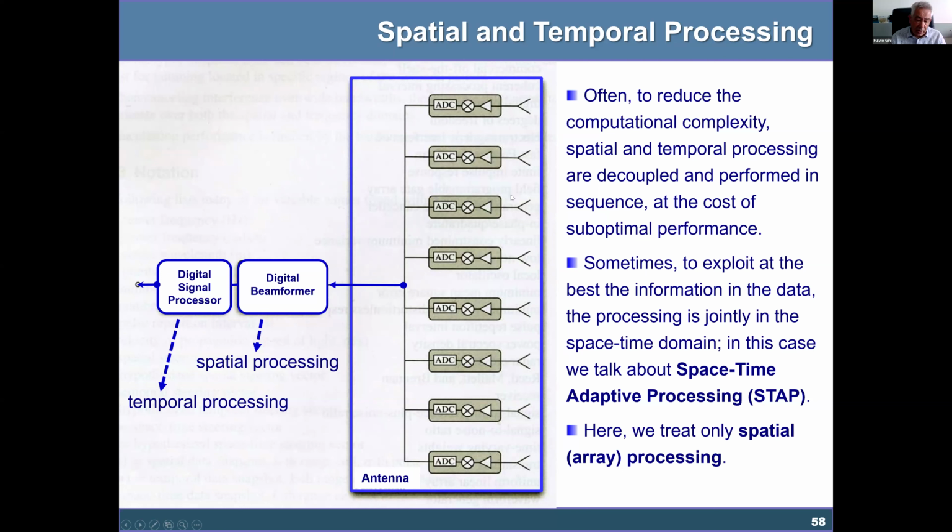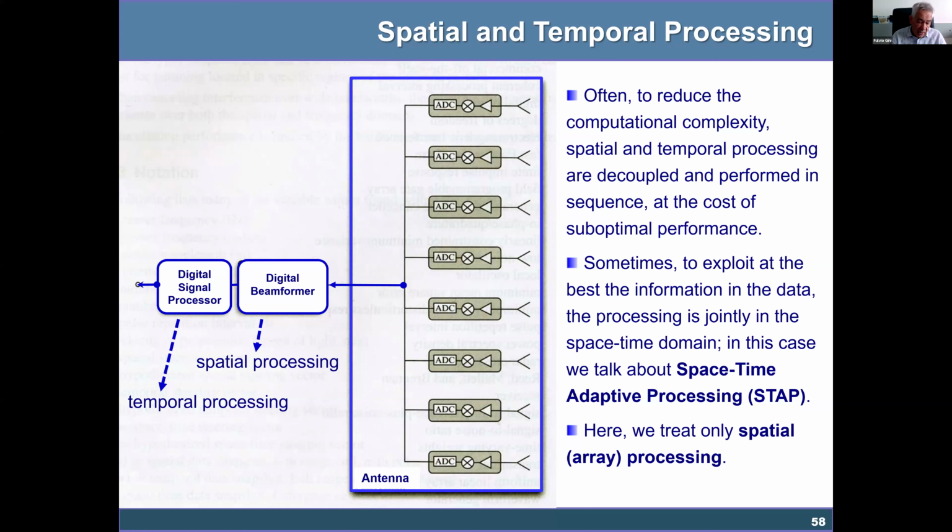So you make a sampling in space, but then you sample also in time. And so what you collect is a space-time data cube. So your data are space-time. So the optimal processing should be two-dimensional space-time. And when it is adaptive, we talk about space-time adaptive processing.